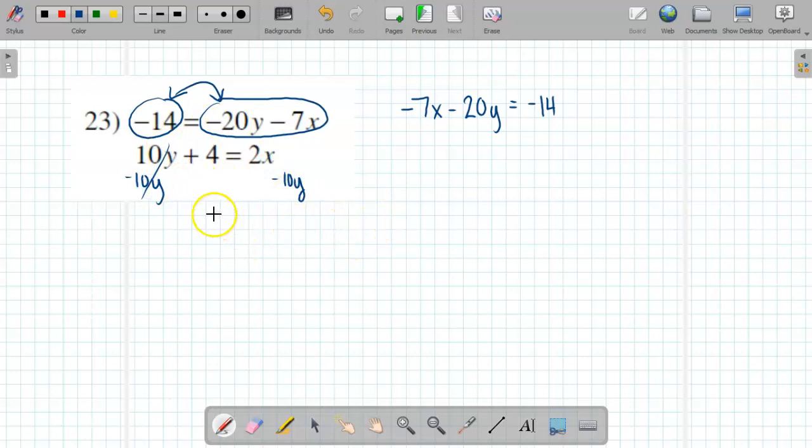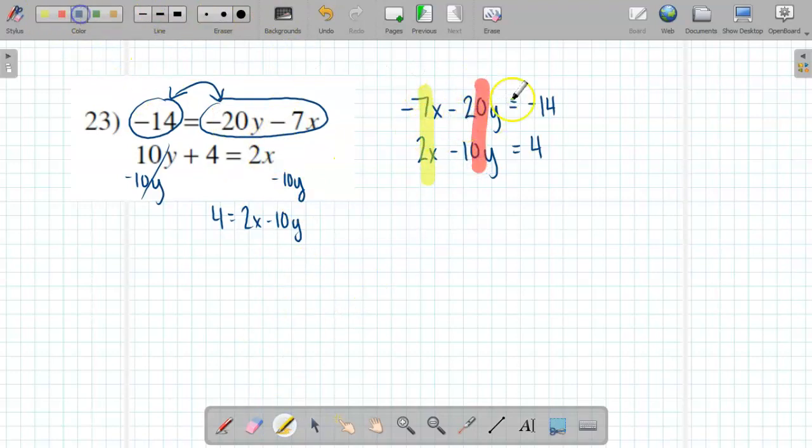That gives me 4 equals 2x minus 10y, but it'll be easier if we write 2x minus 10y equals 4. Before you can begin, you have to make sure your x's are lined up, your y's are lined up, your equal signs are lined up, and your numbers are lined up. You cannot solve this problem the way it looks in the beginning.